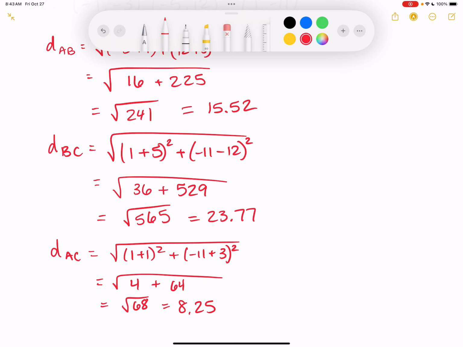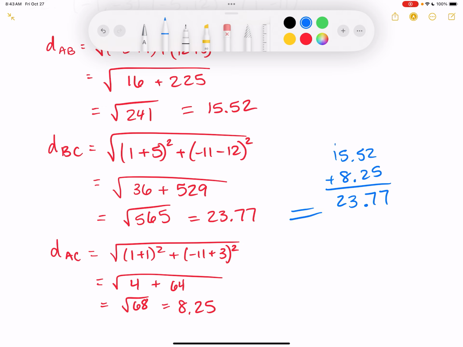So now we take the smallest 2 values that we got and we add them up to see if it equals the biggest one. Because if they're collinear, if we add them together, they should be equal to the third. So 15.52 plus 8.25, we get 23.77.